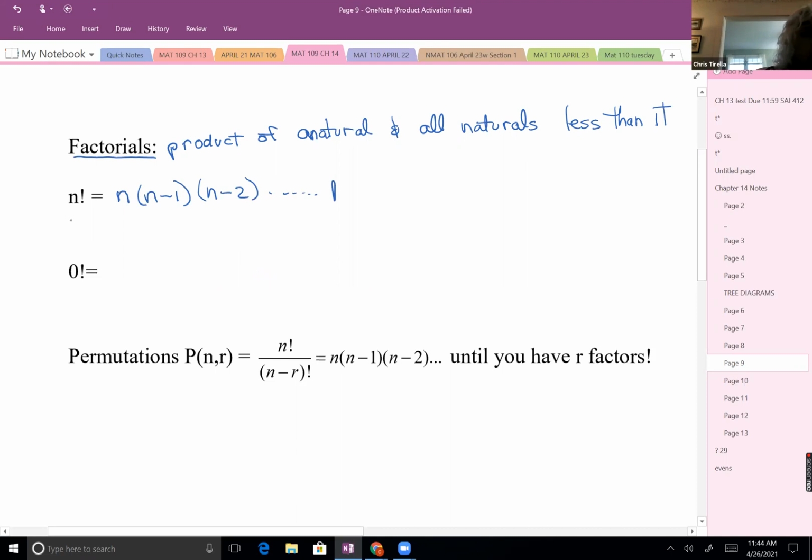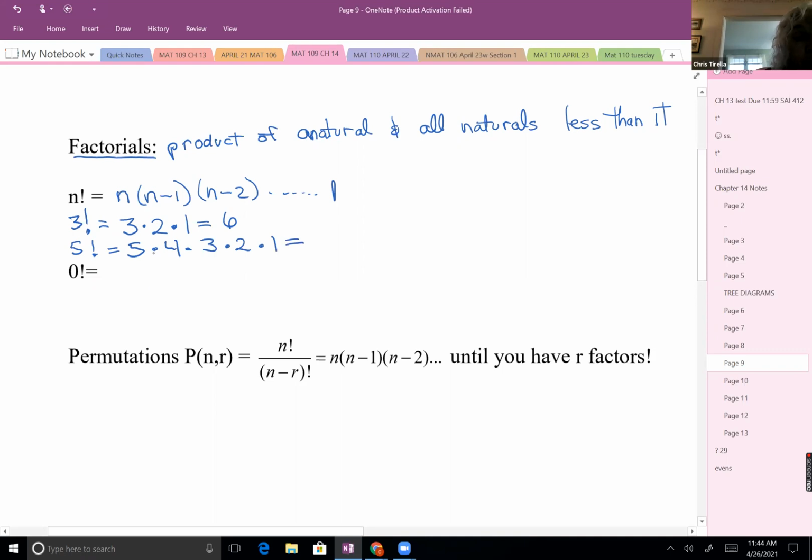So for example, 3 factorial would be 3 times the next number 2 times the next number 1, or 6. Instead, if I have 5 factorial, then I'd start with 5 and multiply by every number less than 5.